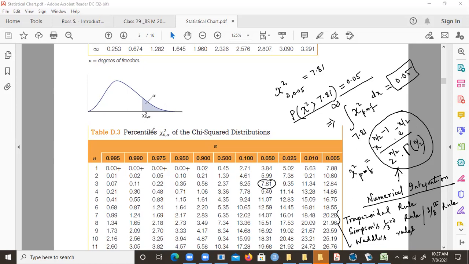Suppose you have got access to the C language code for Weddle's rule. You take the help of that code, paste it in your Code Blocks and try to integrate this function. If you do it properly, you are going to get all the probabilities that are being shown over here.